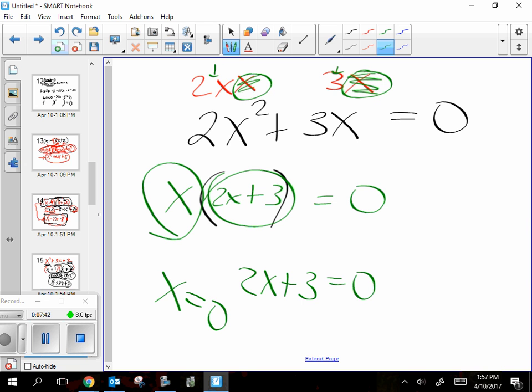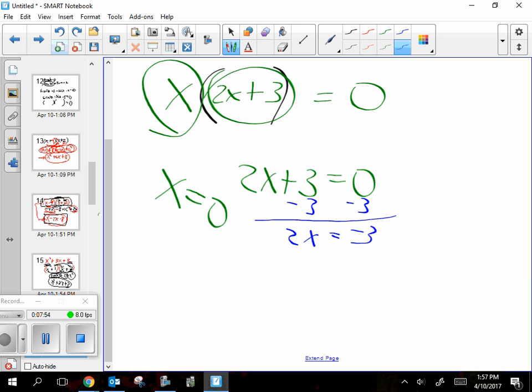Those are my two little mini bite-sized equations. Since first semester was all about this kind of stuff, hopefully you know to subtract 3 from both sides. And then how do I get that 2 off of there? Divide by 2. And I get x equals negative 3 halves and x equals 0.